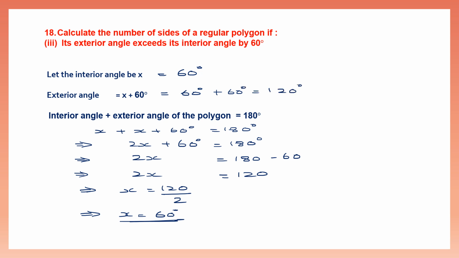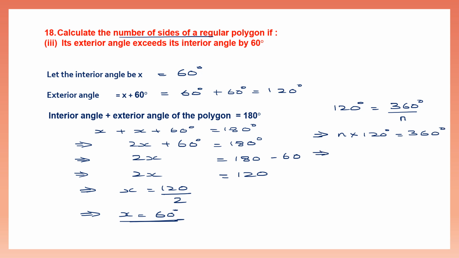Now we have to calculate the number of sides, isn't it? So you can use the formula for interior angle or the formula for exterior angle to find the number of sides. Exterior angle 120 degrees is equal to 360 degrees divided by n, where n is the number of sides. So here I can cross multiply. n into 120 degrees is 360 degrees.